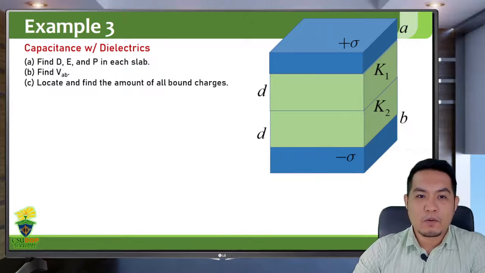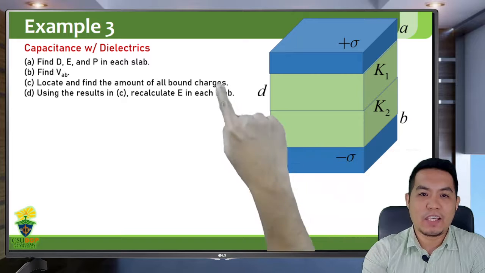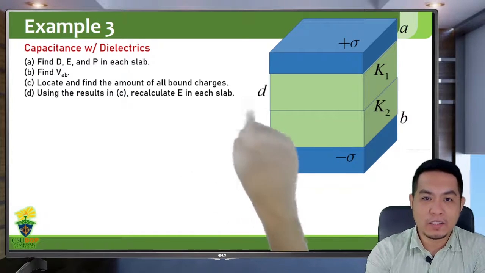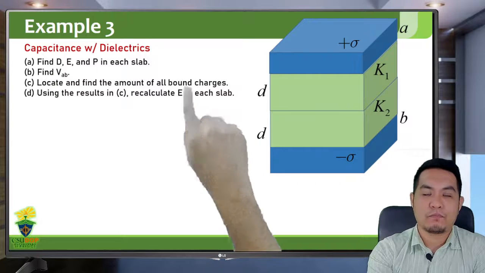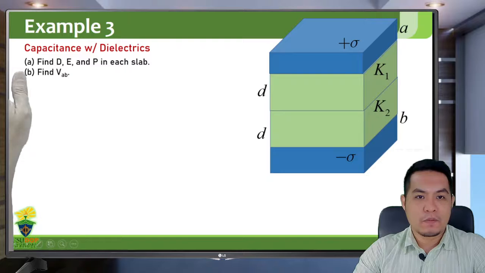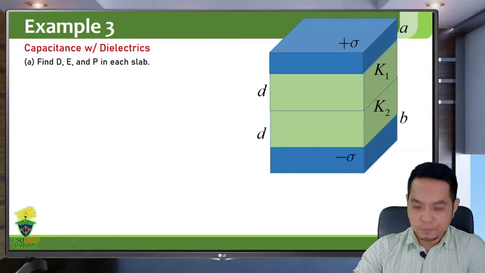We are also asked to locate and find the amount of all bound charges. And using the result in C, we recalculate the electric field in each slab using the result that we will obtain in C. Okay, let's first start with the first problem.